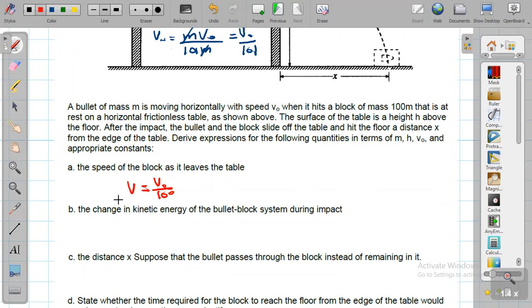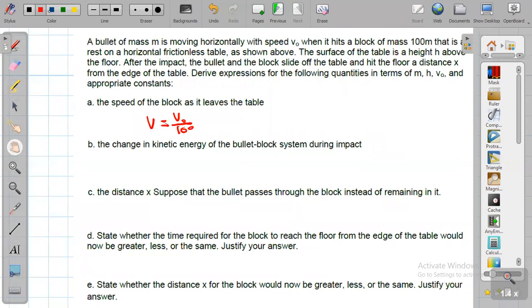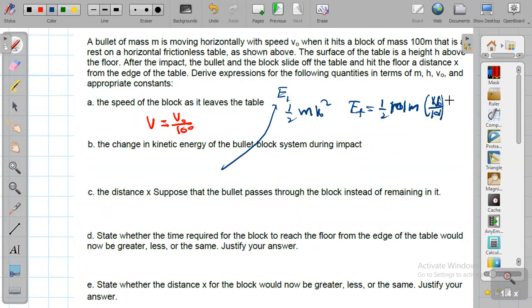Change in kinetic energy of the block and bullet system during impact. So what was the energy it had earlier? Here, half m v naught squared. And the final is what? Half times 101 m times v naught over 101 squared, right? 101 cancels from each, so just 101 remains after that.